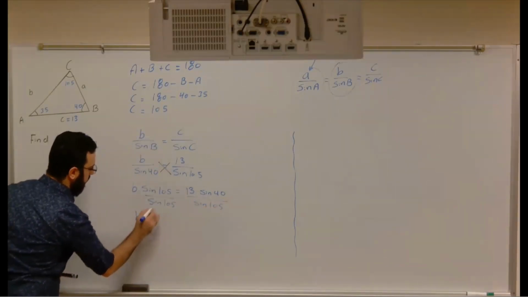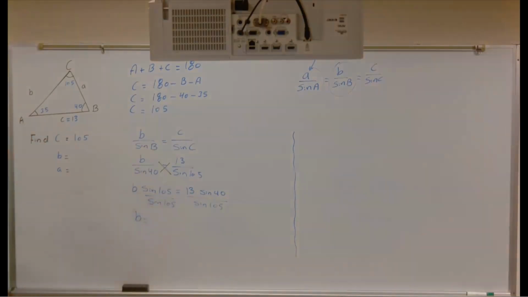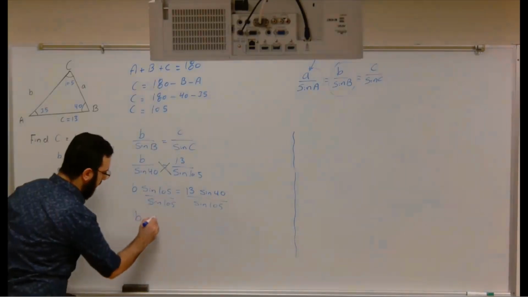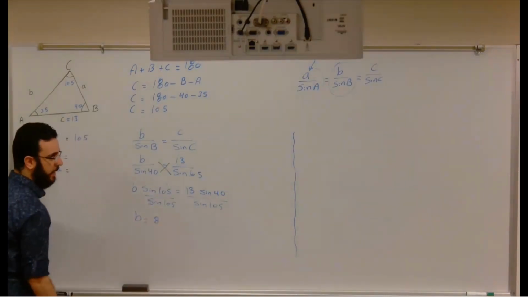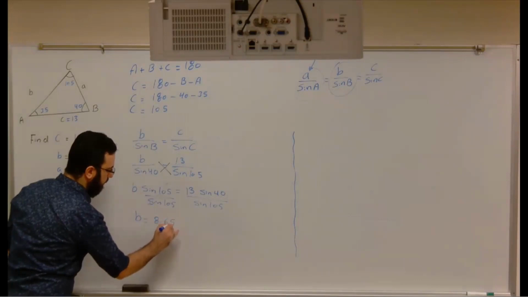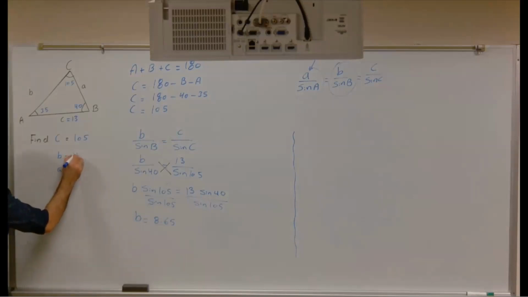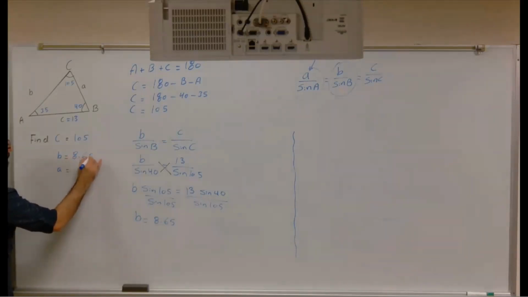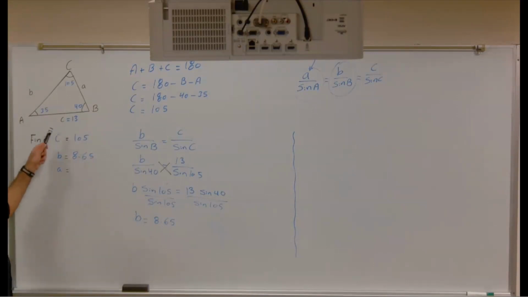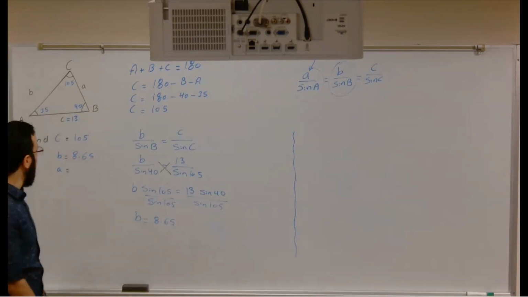So B is going to be equal, cancel here. How much is going to be B? 8 point what? 65. You got the same? Good. Now next step. 8.65.